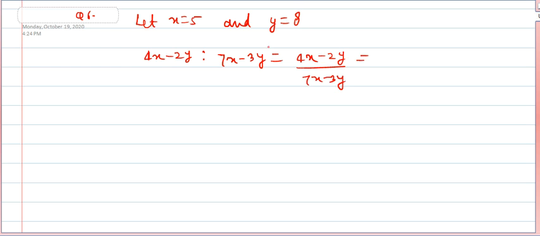तो अब ये रेशियो की फॉर्म में हो गया. हम x और y की वैल्यू सब्स्टिट्यूट करेंगे. 4 into 5 minus 2 into 8 upon 7 into 5 minus 3 into 8.